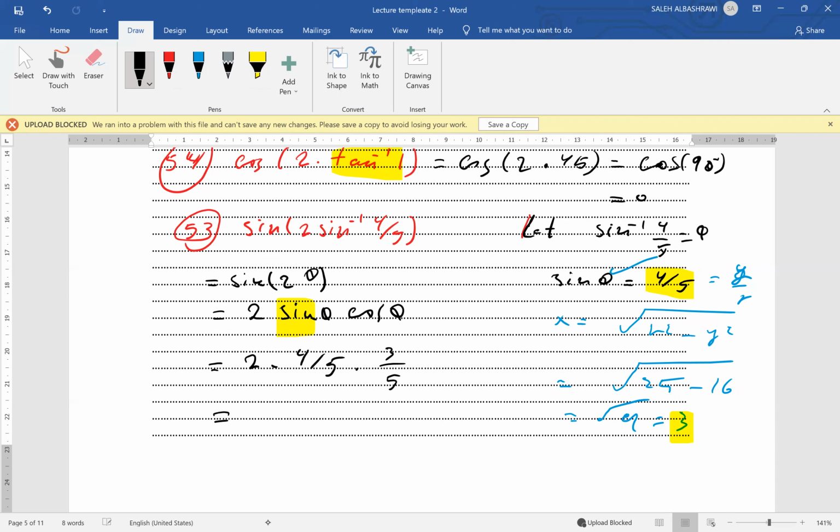This will be 24 over 25. So sine of 2 sine inverse 4 over 5 is equal to 24 over 25. The idea is to find sine theta, from which we can find x, and that will give me cosine theta, which is equal to 3 over 5. Then apply the double angle identity.